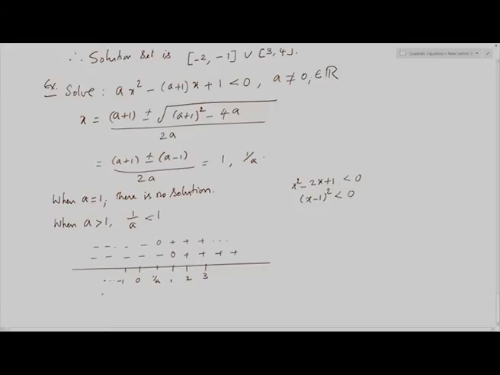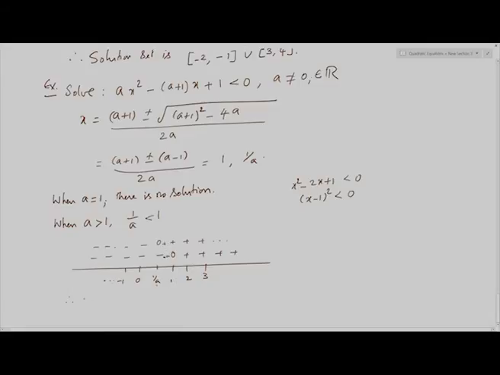So one plus and one negative is happening only between 1 by a and 1.